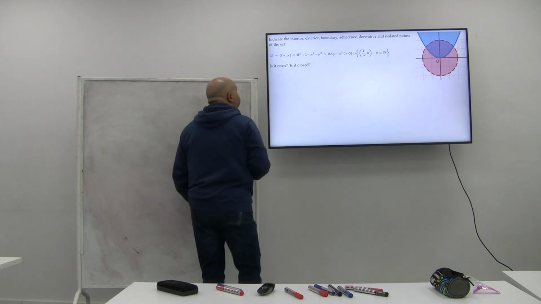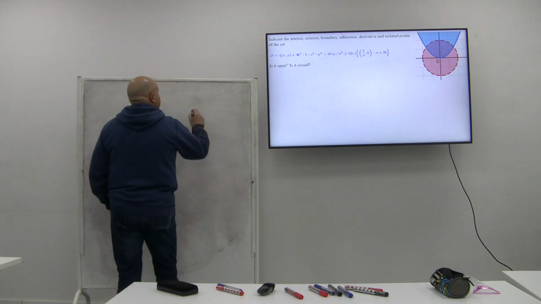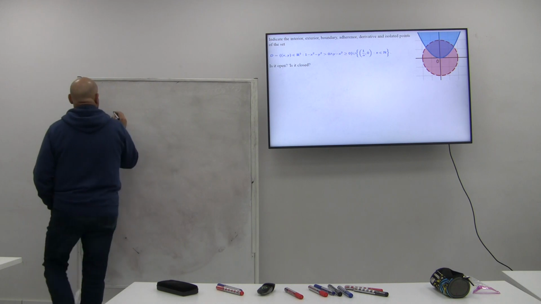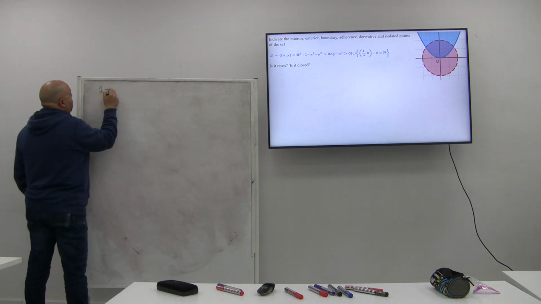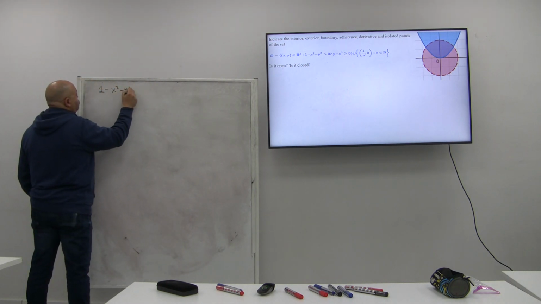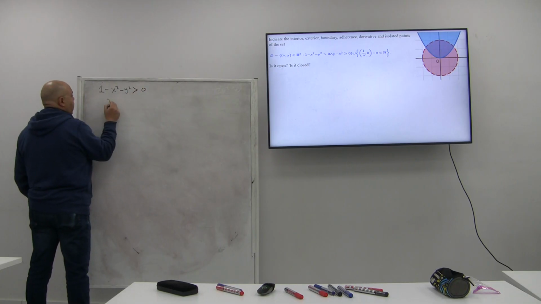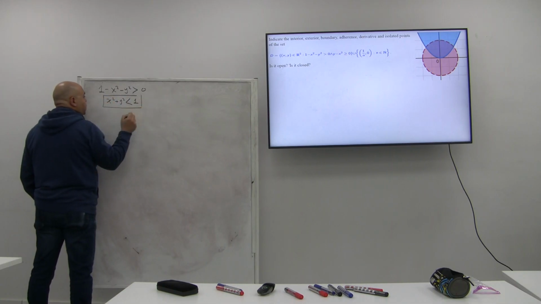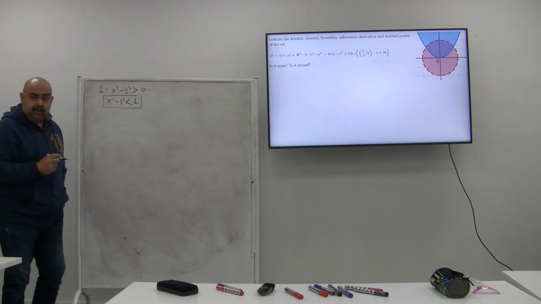Let's first determine these ones. I'm dealing with 1 minus x squared minus y squared greater than 0, which indicates that I have x squared plus y squared less than 1. That means the interior of a unit circle, but without the boundaries.